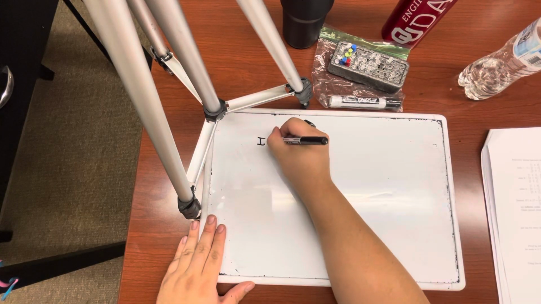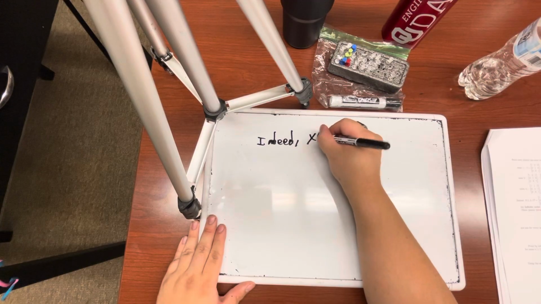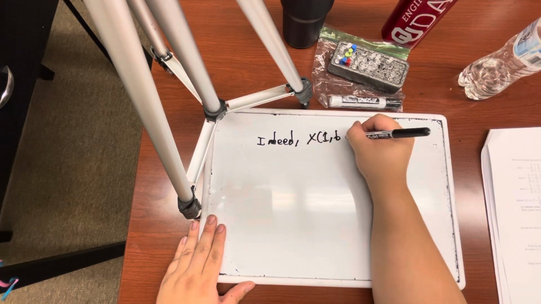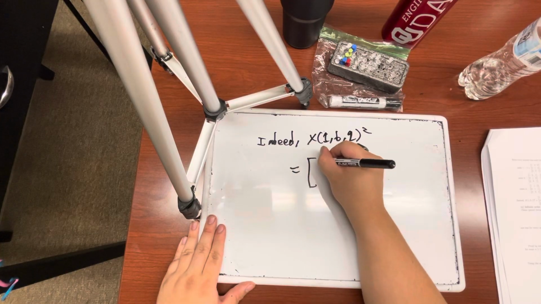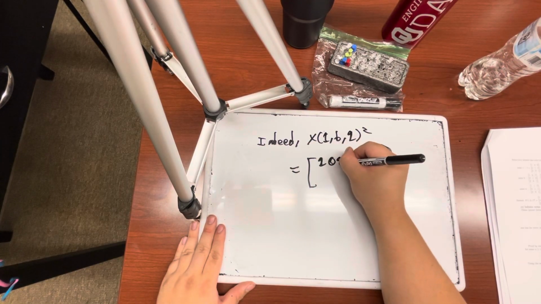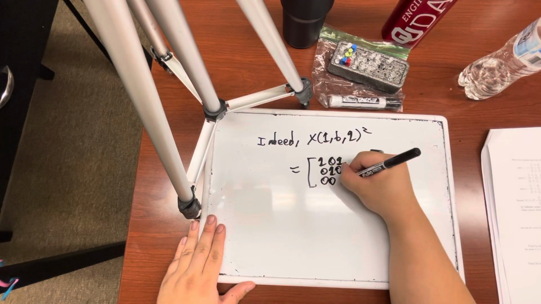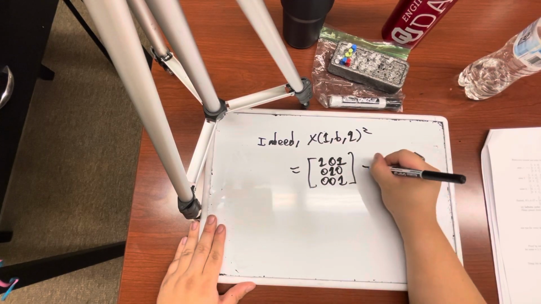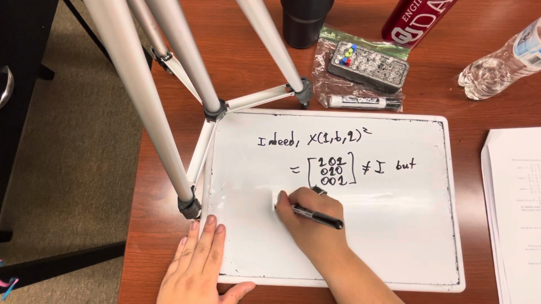So indeed, x of 1, b, 1 squared is equal to 1, 0, 1, 0, 1, 0, 0, 0, 1, which is not the identity. Squaring again gives the identity.